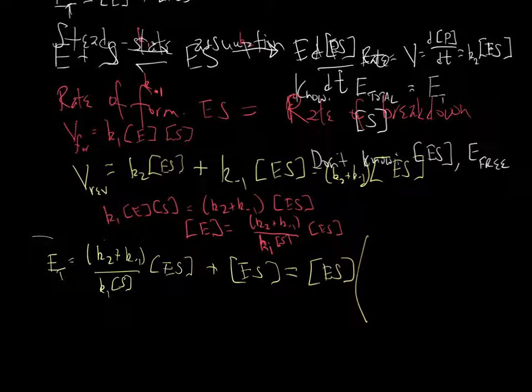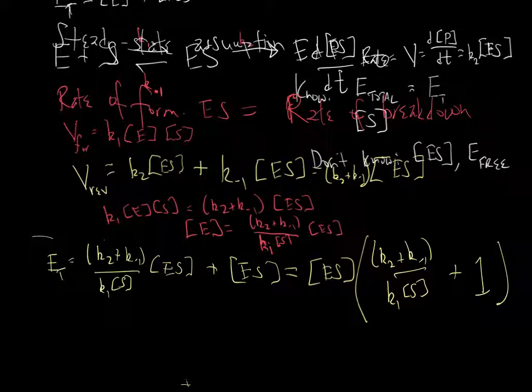Okay, so let's rewrite that. We have K2 plus K minus 1, divided by K1 times S, plus 1. So that's the total concentration of E.